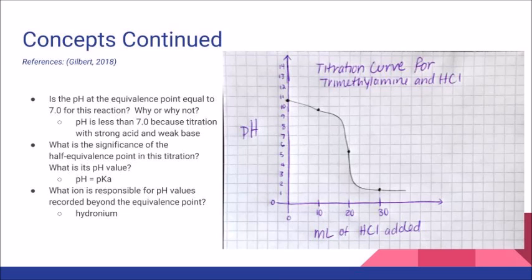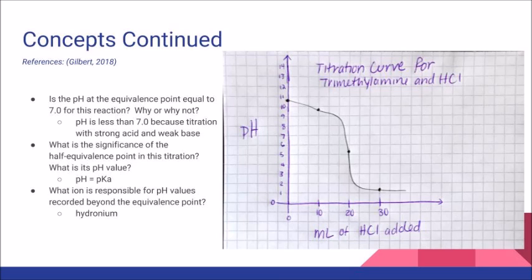You might expect that the equivalence point would have a neutral pH. While this is true for strong acid and strong base reactions, the reaction in this problem is for a weak base with a strong acid. Therefore, at the equivalence point, the pH is slightly more acidic rather than neutral at 5.37.